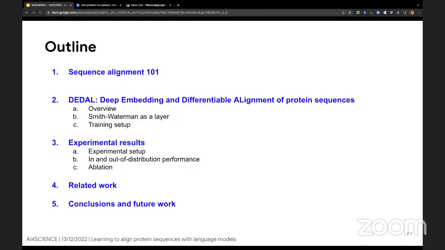I will introduce our approach, give an overview, and focus on our main methodological contribution, which is a differentiable version of the Smith-Waterman algorithm that we can use as a layer to train our models end-to-end. And then I will conclude with a brief discussion on how we train our model, show you some experimental results comparing to classical approaches in and out of distribution and some ablations, and then conclude with some related work and potential avenues for future work.